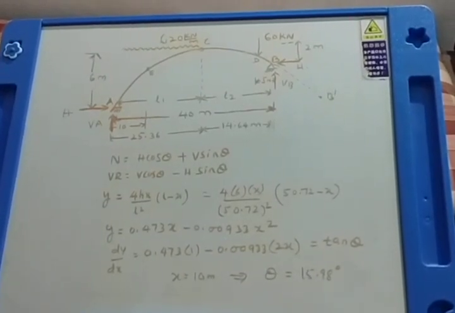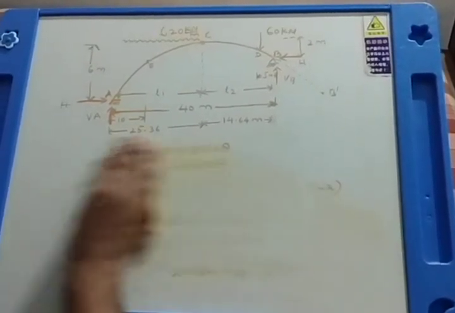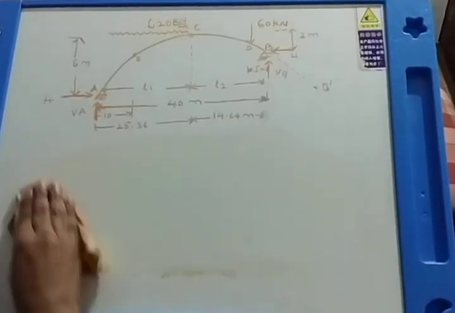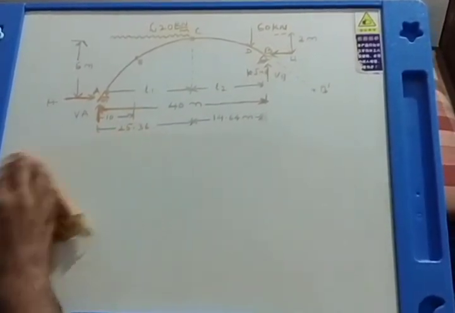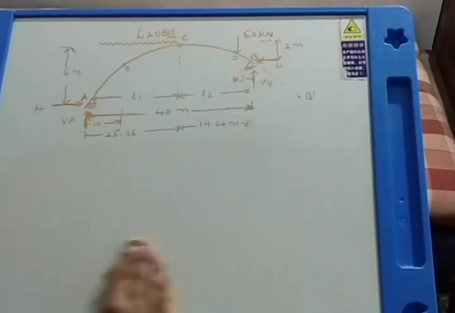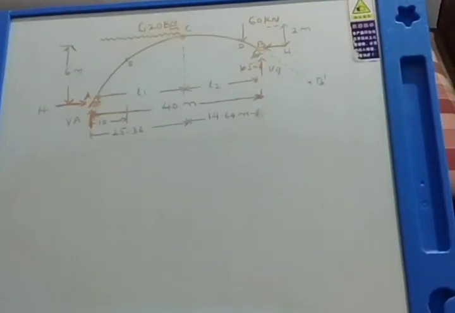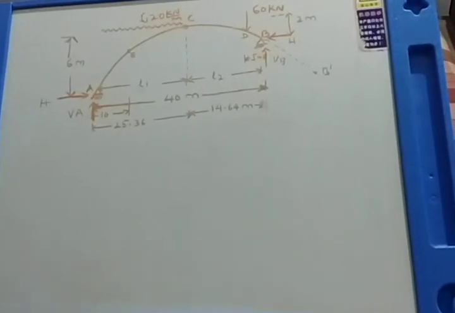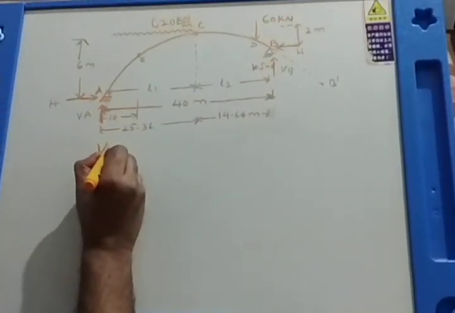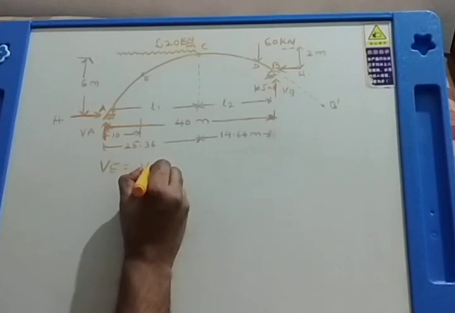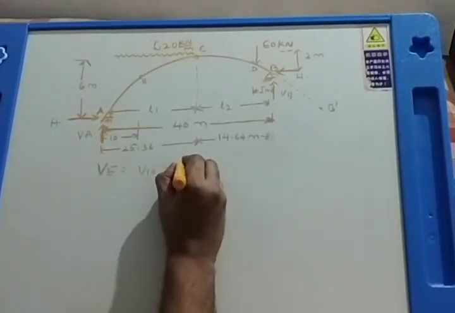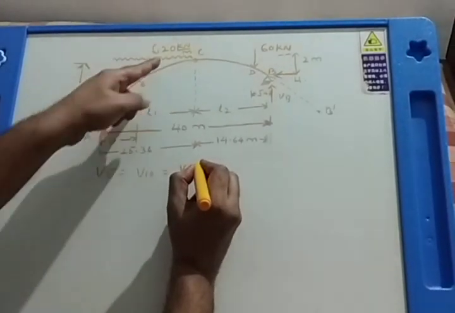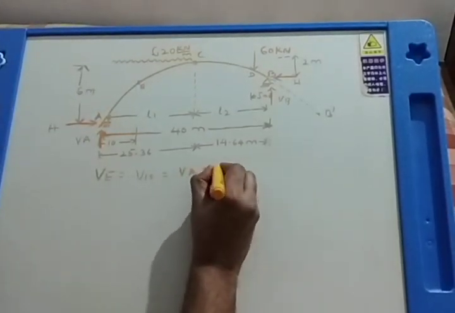Now let us see how to find out the value of V, because in the normal thrust and radial shear expressions we have V. You know V is vertical shear at E. It's very easy. Algebraic sum of all the vertical forces. So V at E will be equal to V at 10, which is equal to VA minus 20 into 10.